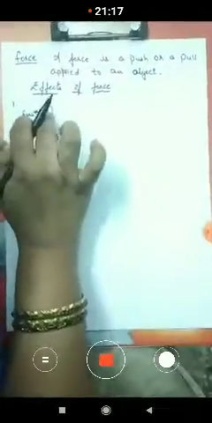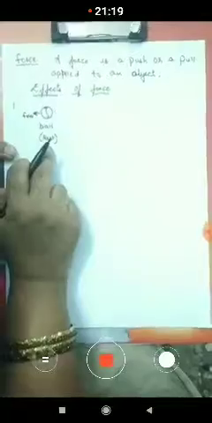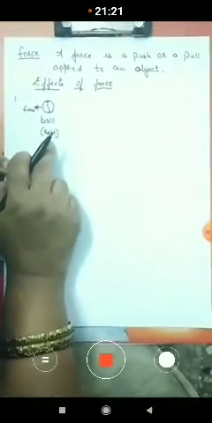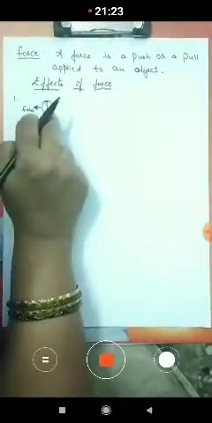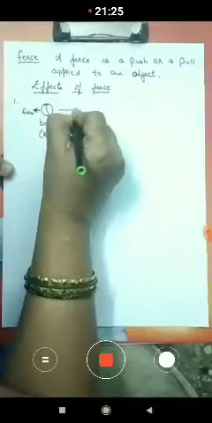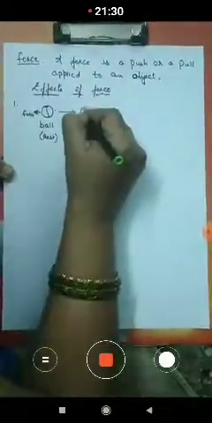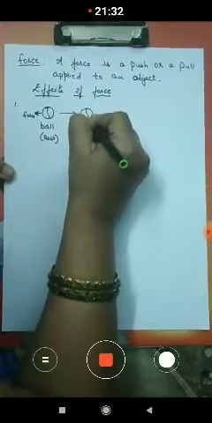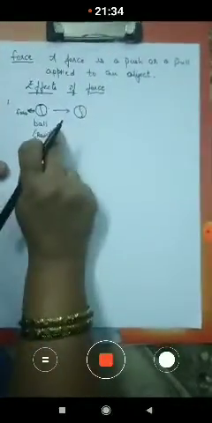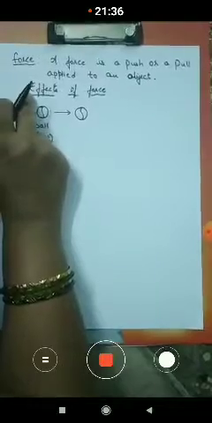Imagine that the ball is on the table in a rest position. Now as I apply the force to the ball, it moves a certain distance and it stops here. So this is one type of effect of the force.